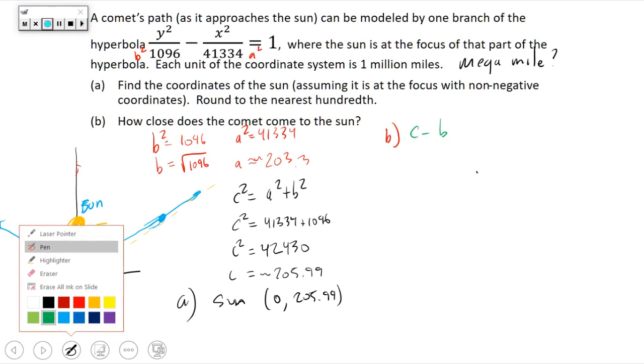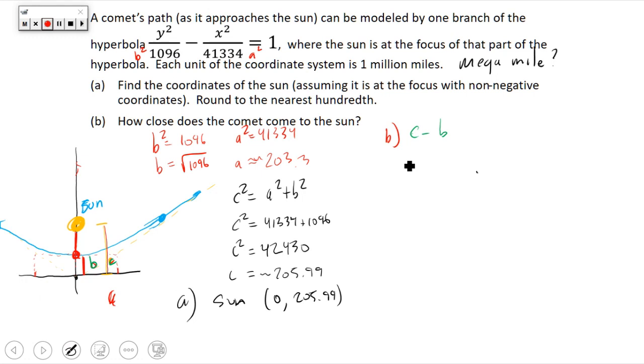So c, which was the square root of 42,430, because we're going to use exact numbers, minus b, which was the square root of 1096.